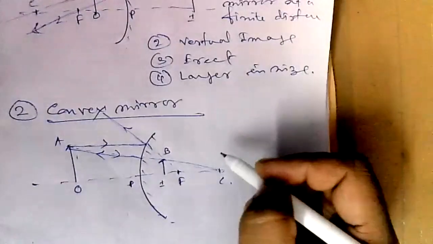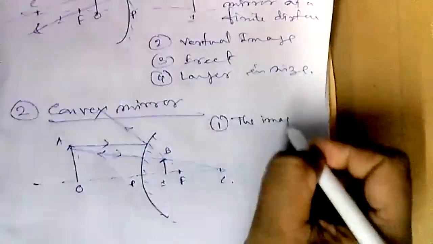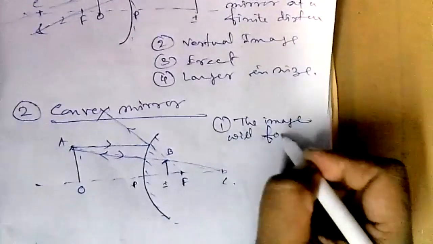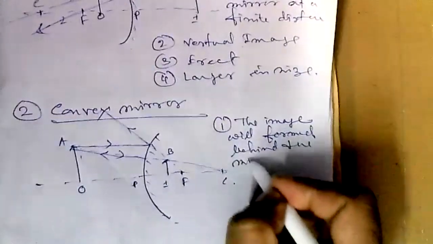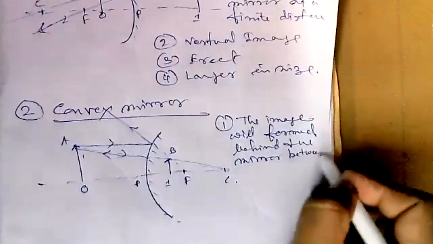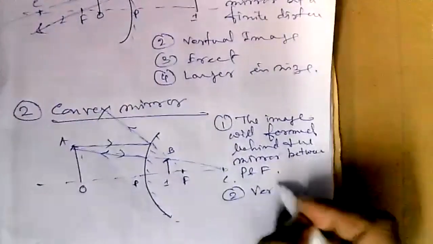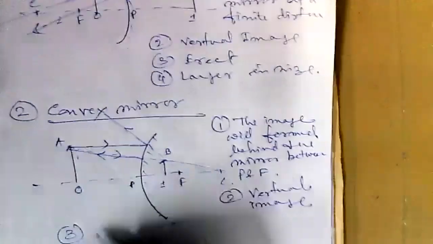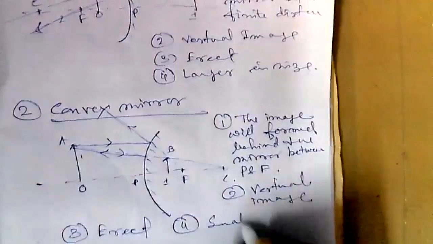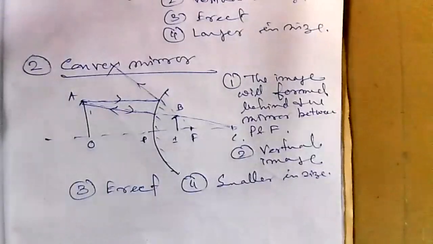The image will form behind the mirror between P and F. It will be a virtual image, erect and smaller in size.